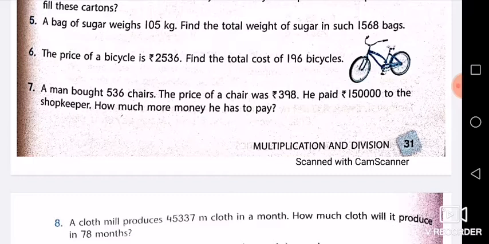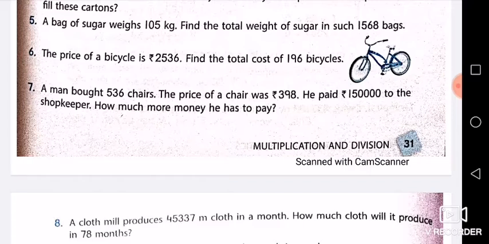This question is same. You have to follow the same process of question 4. Price of one chair, then price of 536 chairs. Now 536 will be multiplied by 398. Then you will get how much money he has to pay.